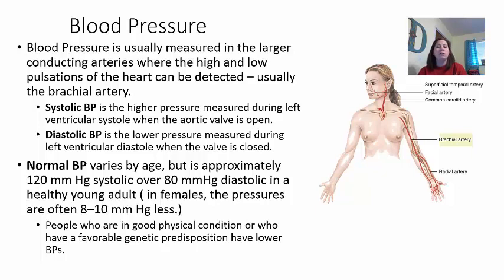All right, so that would be more like a 110 over 70. Now, people who are in really good physical condition, like athletes, their blood pressure normally will be lower. Or if you just have a really favorable genetic predisposition, you may have lower blood pressure as well. Whereas others of us are predisposed to having higher blood pressure due to family history.